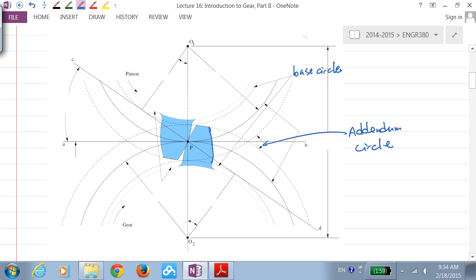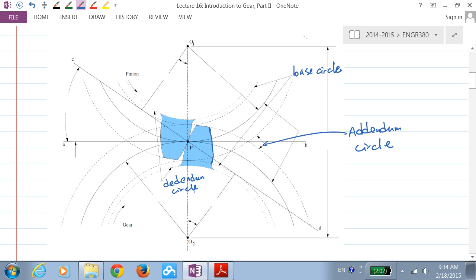And the bottom two circles, which these two arrows are pointing to, this is the dedendum circle.